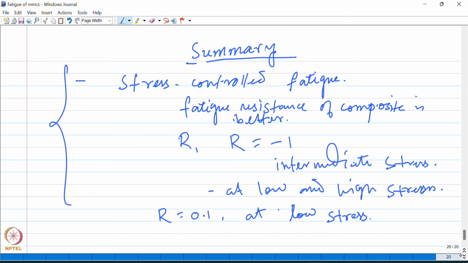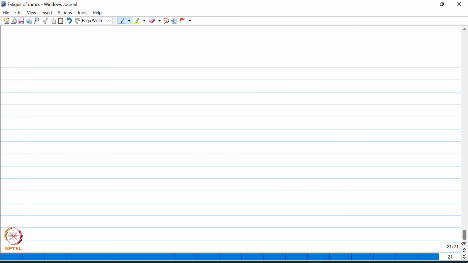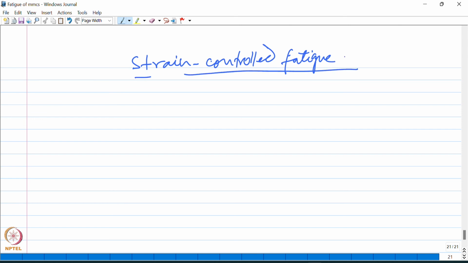Now in this lecture we discussed the strain controlled fatigue behavior. Here we have seen that the fatigue resistance of the composite is generally inferior compared to the unreinforced matrix material.